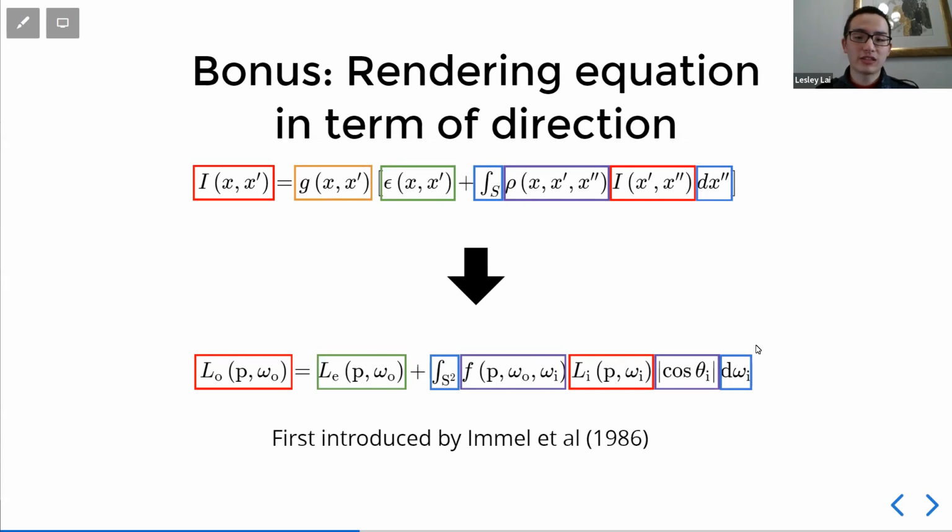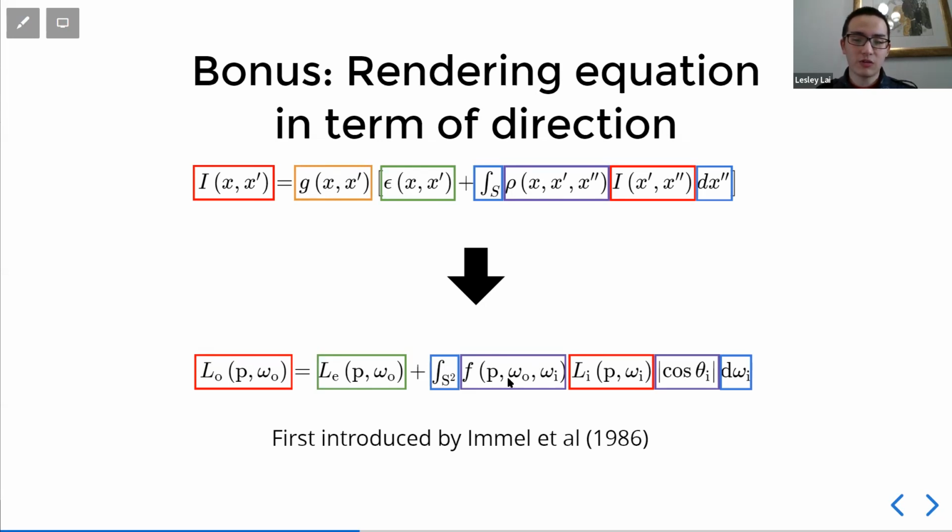This form is maybe more familiar to most people nowadays, where when we see the rendering equation, we will see a point and a direction vector instead of another point. An interesting thing about this representation is, first, we don't have a geometry term anymore. The geometry term is completely implicit in this representation. Since we are calculating direction, we don't need to calculate the occlusion between two points.